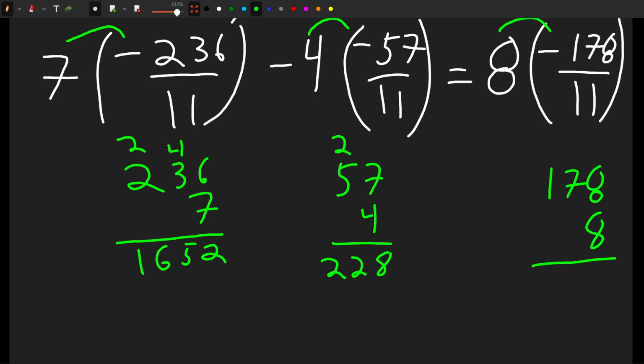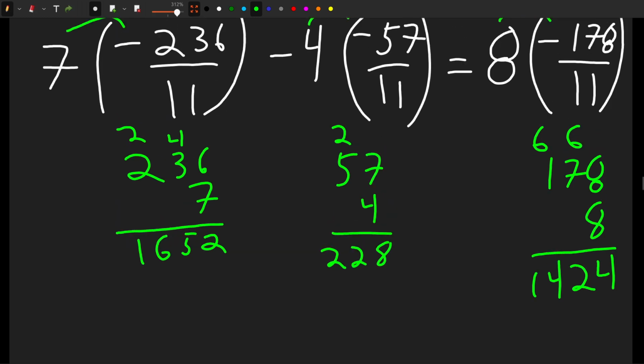And over here, the last one, 178 times 8: 8 times 8 is 64, carry the 6. 7 times 8 is 56, plus 6 more is 62. So 1424. Lovely.